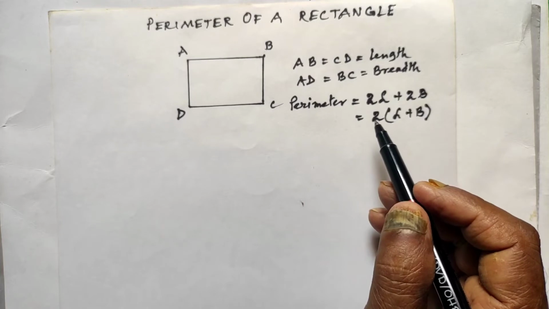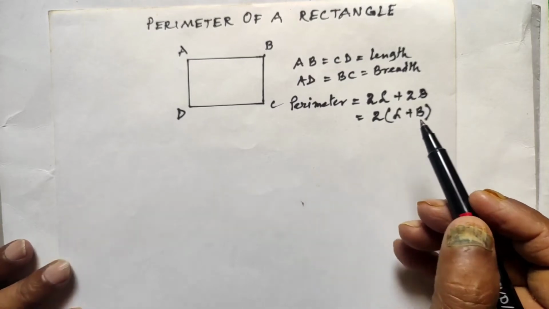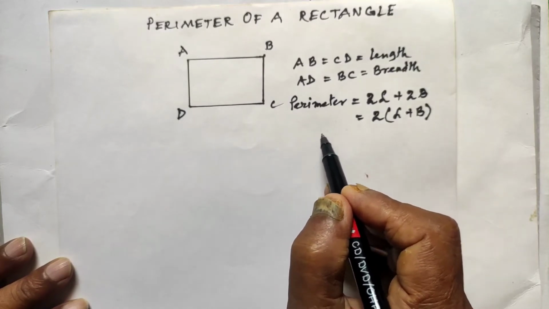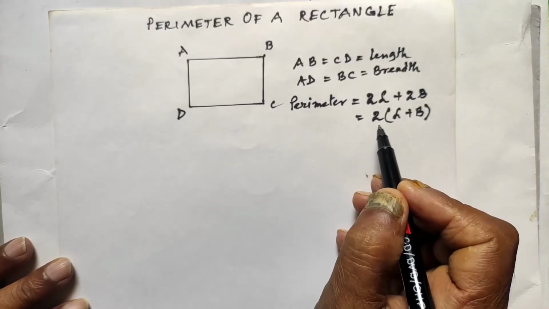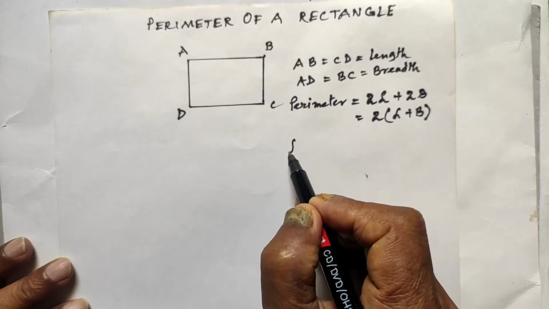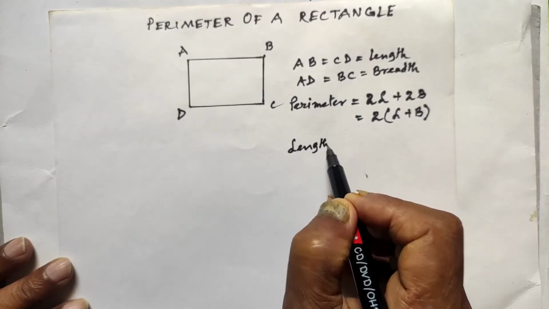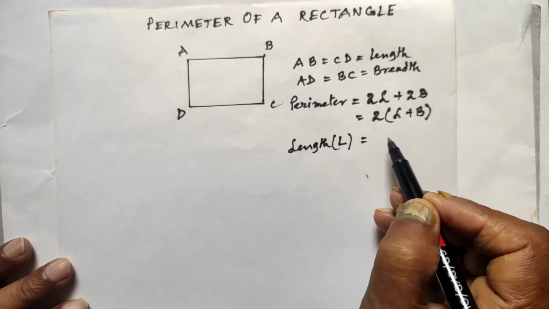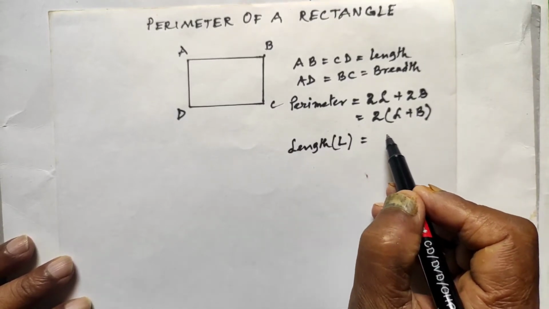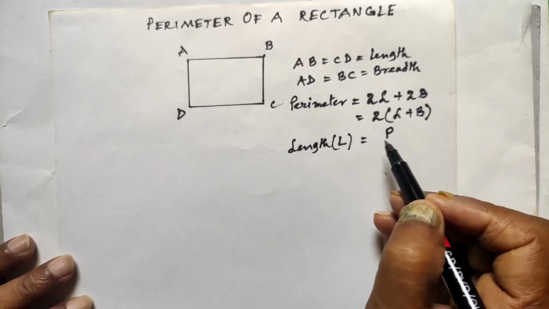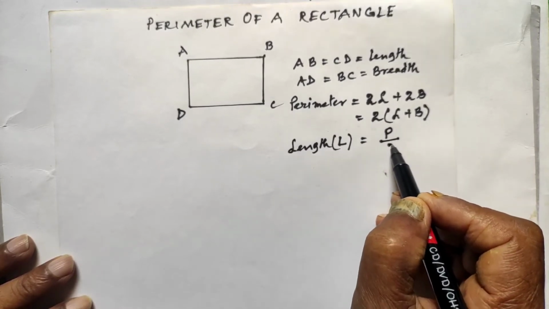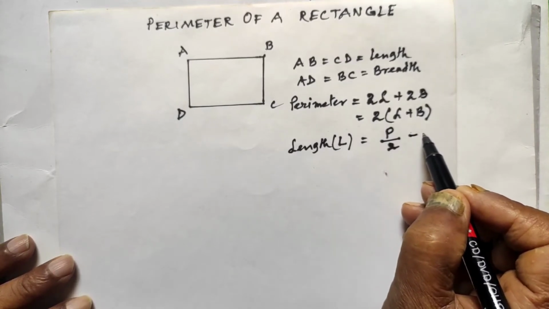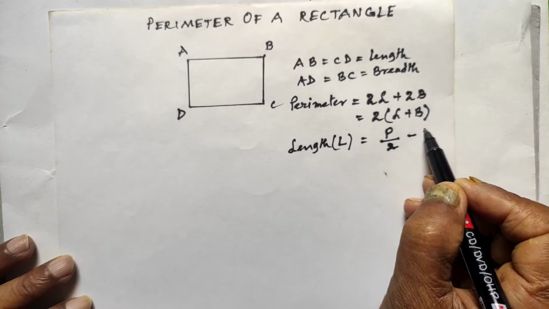But remember that when we want to find the length from the perimeter, with the help of this particular formula, length means L, here what we will do is perimeter by 2 minus breadth.